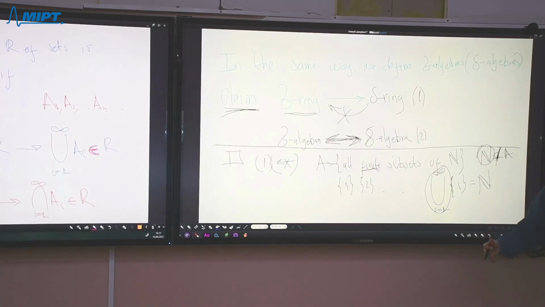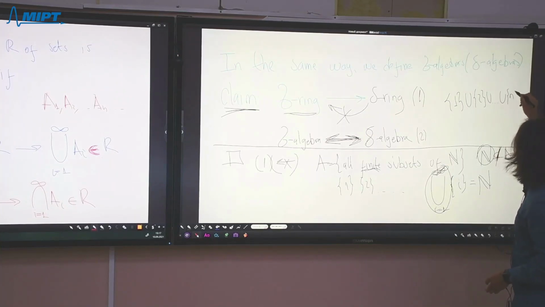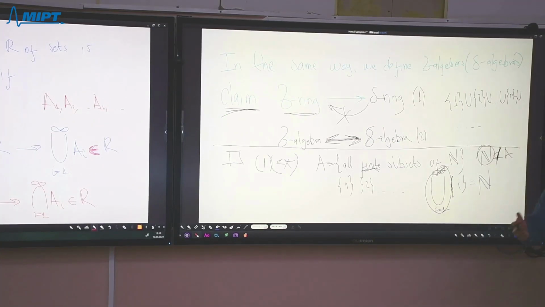So if we take the union of 1, 2, up to n, all the natural numbers, this gives us n, the set of natural numbers. But here we're taking all the finite subsets, so this is not.